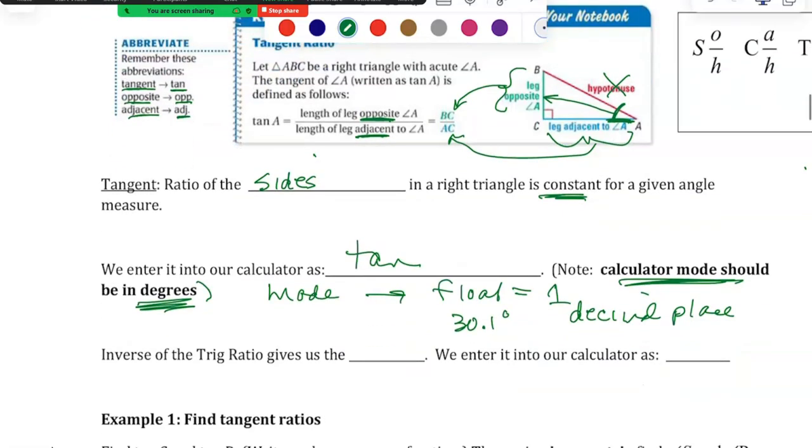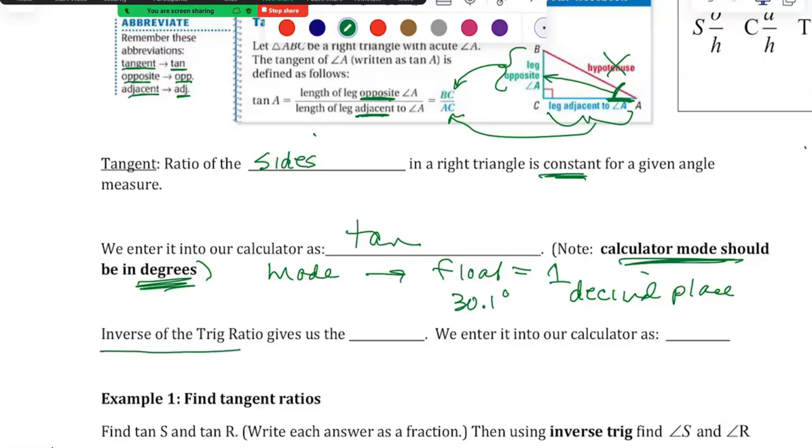That's 1 decimal place. The inverse of the trig ratio gives us the angle, and we enter it into our calculator as tan^-1. So for TI-84s, you would say second tan, and you would see tan^-1 in your calculator.